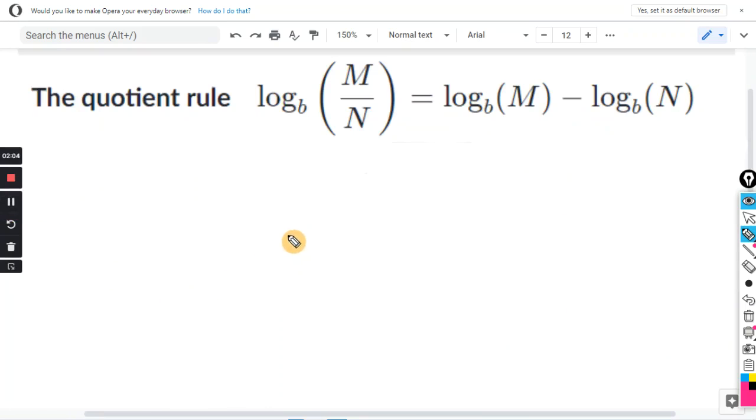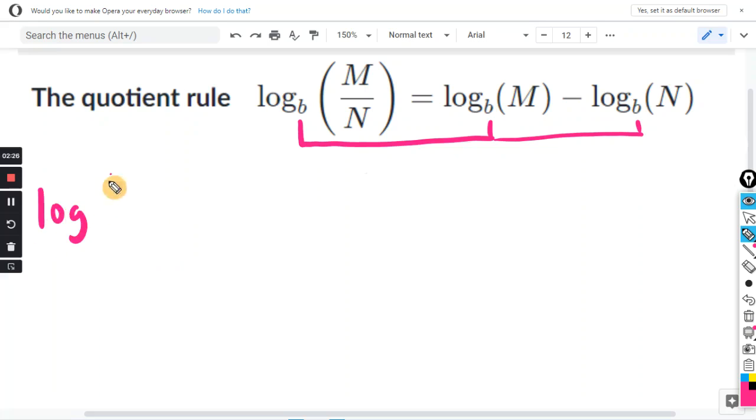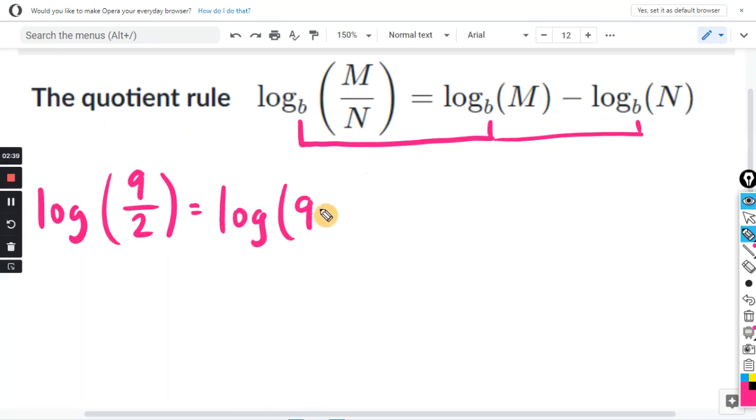All right, next up is the quotient rule. The log of m divided by n equals the log of m minus the log of n. Okay, notice once again that the bases on both sides of the equal sign match. All right, so as an example, if you had the log of, let's say, 9 halves, or 9 divided by 2, that's the same as the log of 9 minus the log of 2.